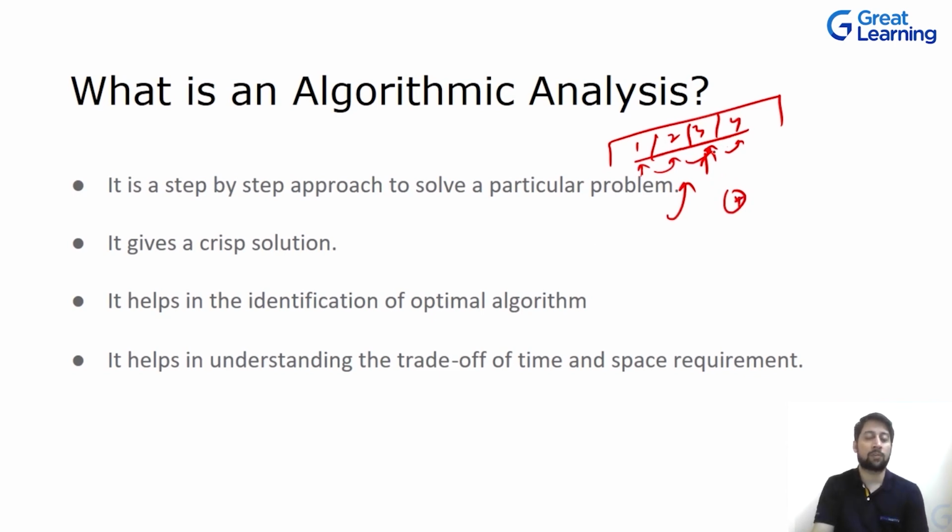In the worst case, you are traversing big O of n time, and in the best case, you are traversing big O of 1 time. This is the best case and this is the worst case, right? So these are the two cases. But this code in itself, whenever you are traversing in a linear fashion, is inefficient, right?